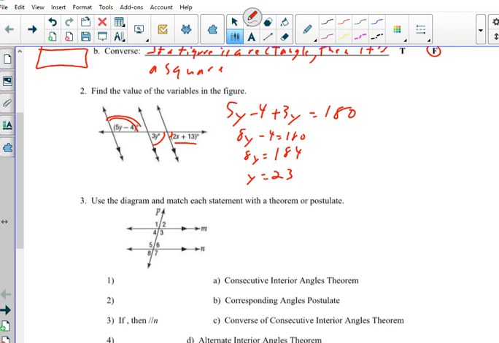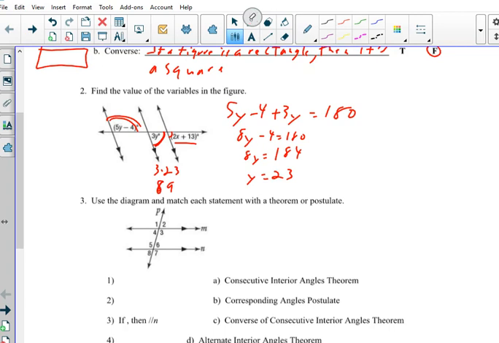So y is 23, which means this angle right here is 3 times 23, which is 69 degrees. Sorry, 89 degrees.